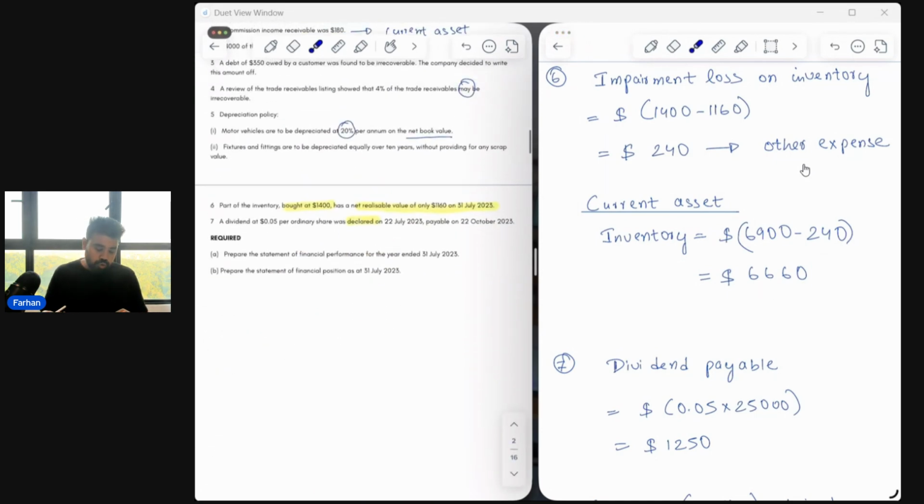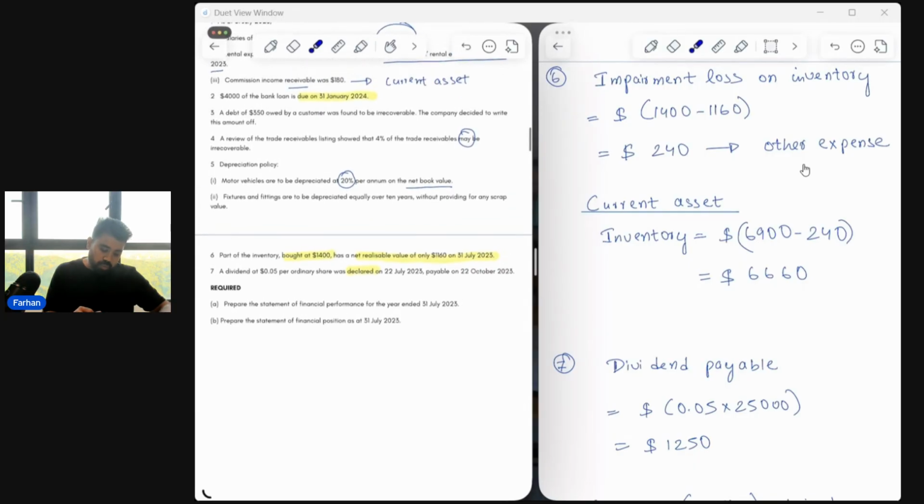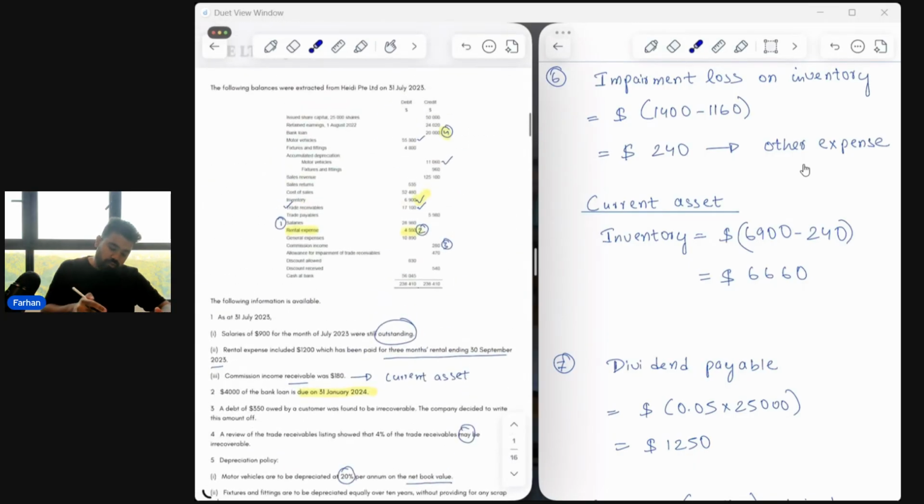Now let's go to point number 7. Our dividend at 5 cents per share was declared on 22 July 2023, and this is to be paid on 22 October 2023. Okay, so 5 cents per share. How many shares do we have? So here at the beginning, you will see we have got 25,000 shares in our equity, right?